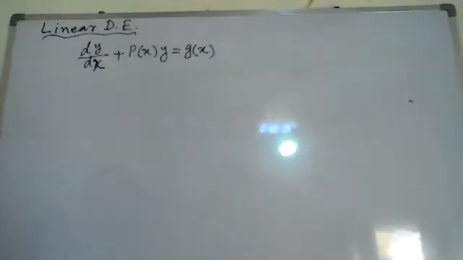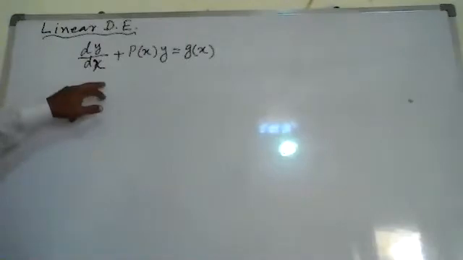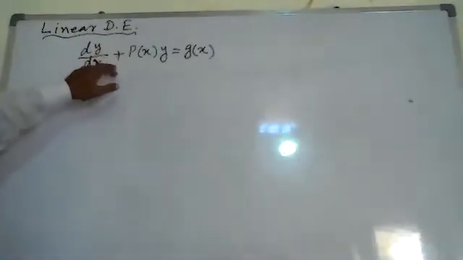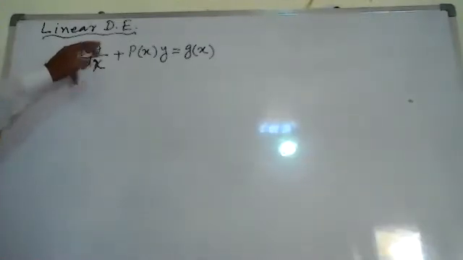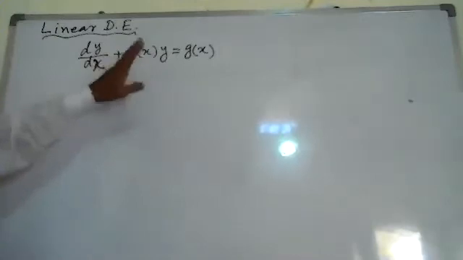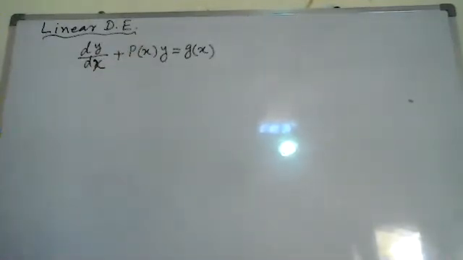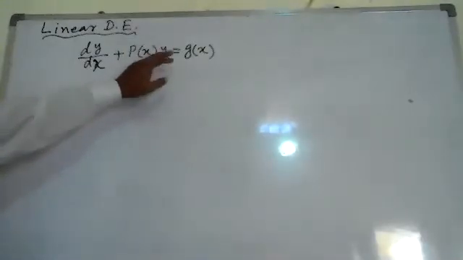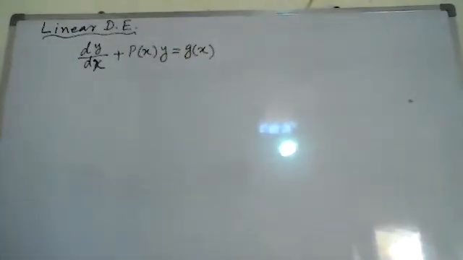So this is the standard first order linear differential equation. The first term should be dy upon dx, that means the derivative. The second term should be y into some function of x, and the third equal to some function of x.